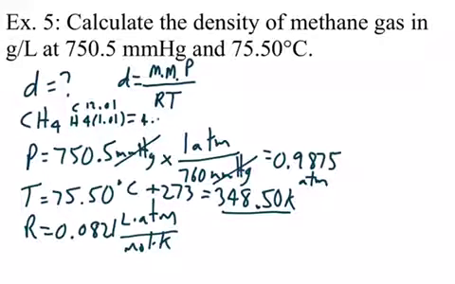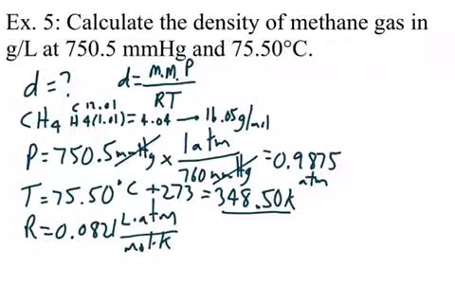So 4.04 plus 12.01 will give us a molar mass of 16.05 grams per mole.